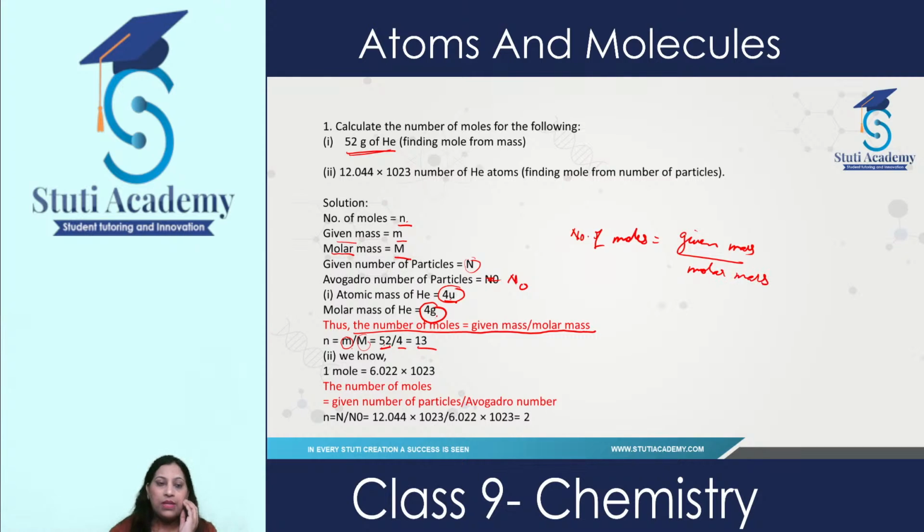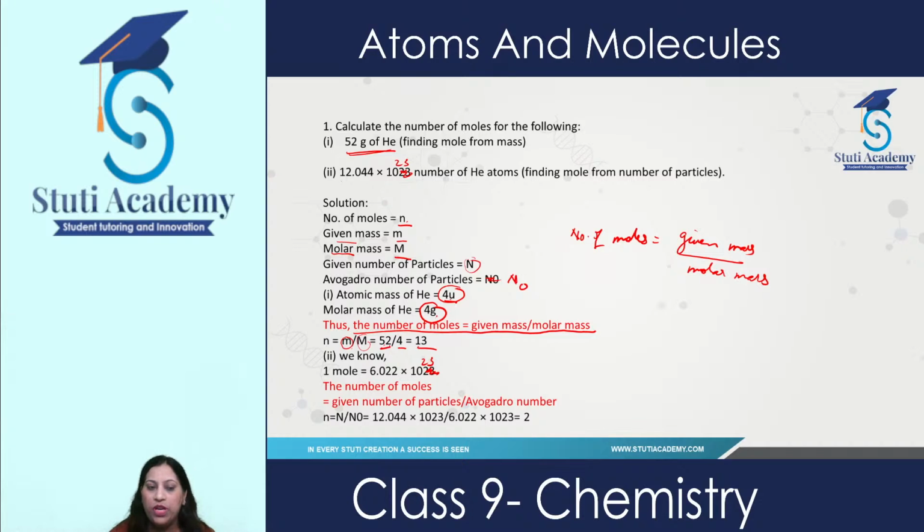Okay, now question number 2. 12.044 × 10^23 helium atoms. Find moles from the number of particles. And we know that 1 mole is equivalent to Avogadro's number, which is 6.022 × 10^23.